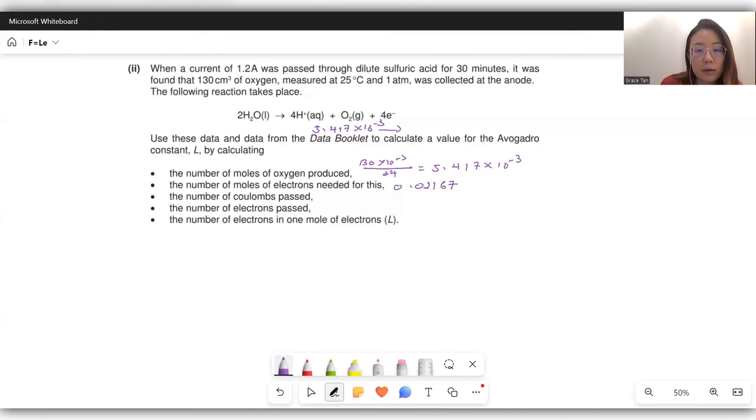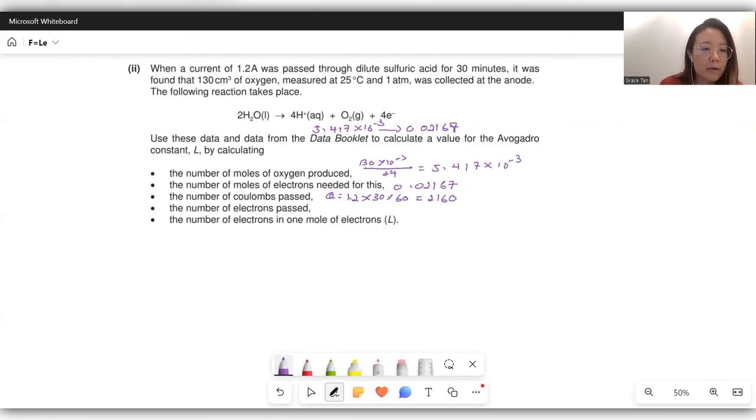So I'm going to put that on the arrow here as well, 0.02167 moles. Number 3, number of Coulombs passed. This is quite straightforward. Q equals to I times t, with 30 minutes converted to seconds, which is 1.2 times 1800, giving 2160.